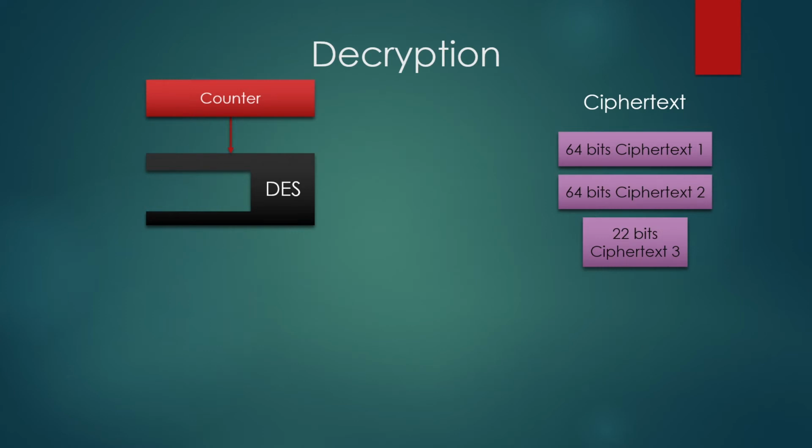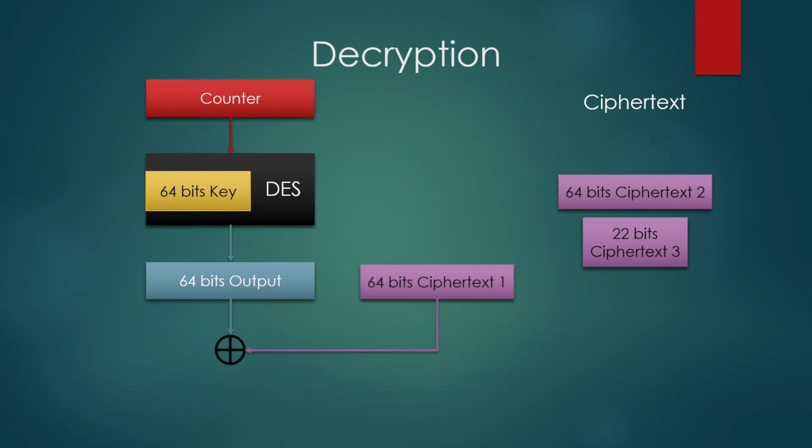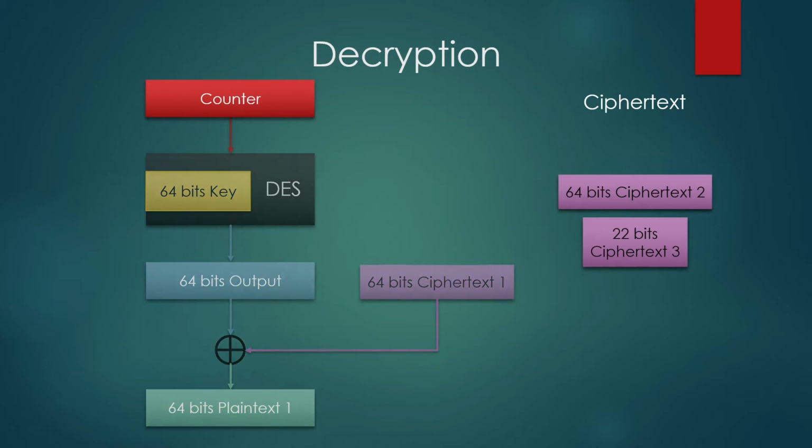We will use DES as our decryption method. With the 64 bits key entered, an output block of 64 bits is generated. This output block will then be XORed with the first ciphertext block. The result of this XOR operation will generate the plaintext block.